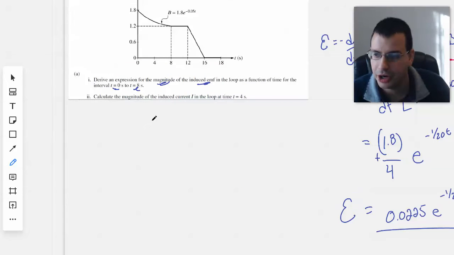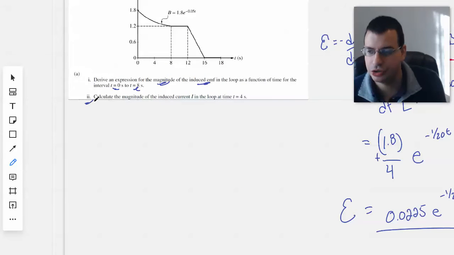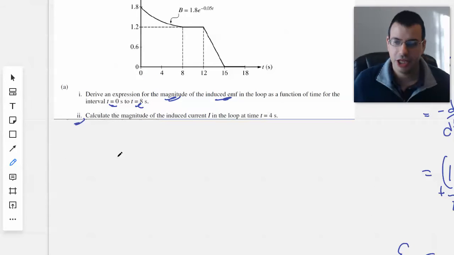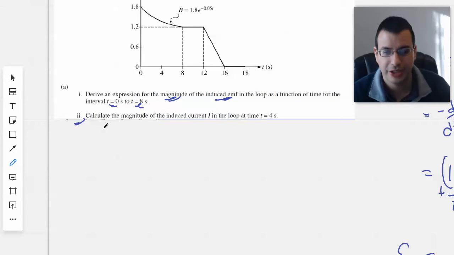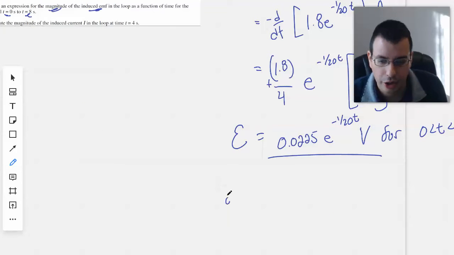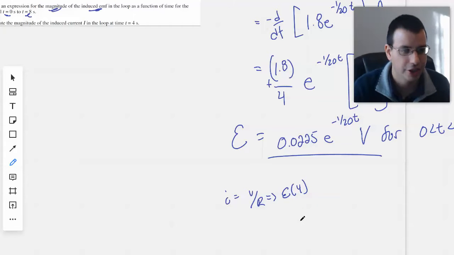Okay, on to part A2. Calculate the magnitude of the induced current in the loop at t equals 4 seconds. Current equals V over R, which equals, in this case, I'll make a little arrow because it's not really equals; this is the general idea of a current. This is going to be the current for the one that we're looking for.